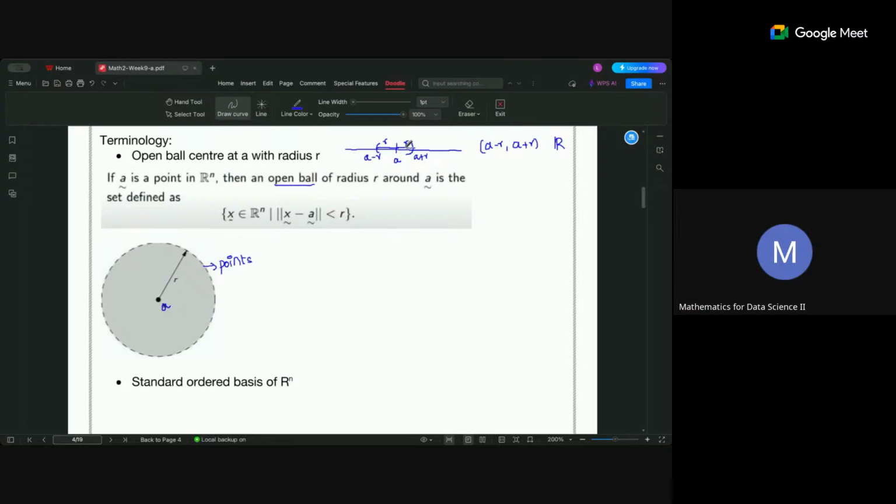Just like an open interval, the boundary points are not included. So here a minus r and a plus r are not included, right? In the same way, the points on the boundary of this ball, the points on the boundary of the circle, are not included.